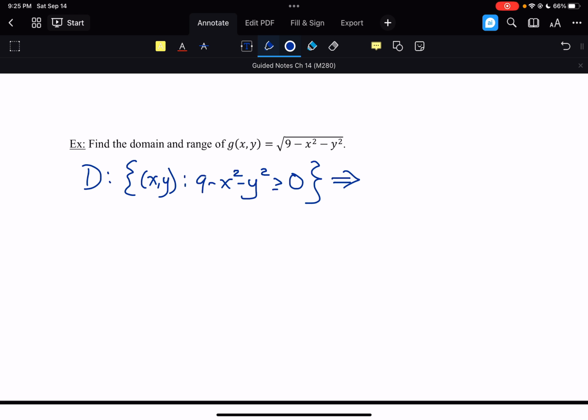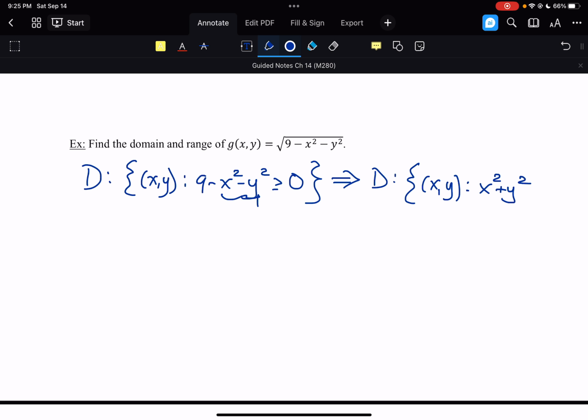So if we rewrite this a little bit, the domain is the set of points x, y. Let's put the variables over to this side. That'll make them positive, and it'll get them away from the constant. So this is going to be x squared plus y squared.